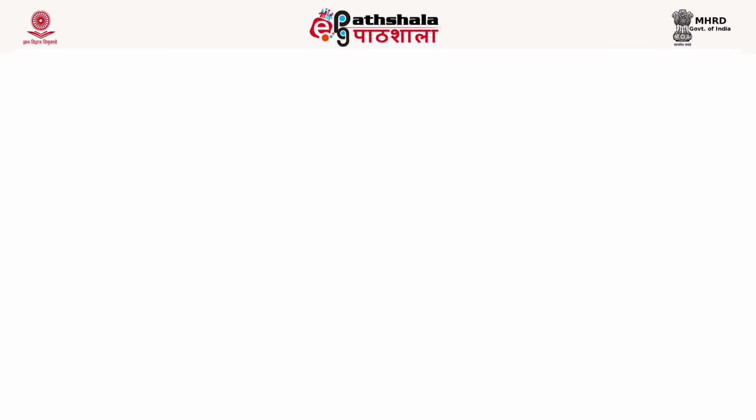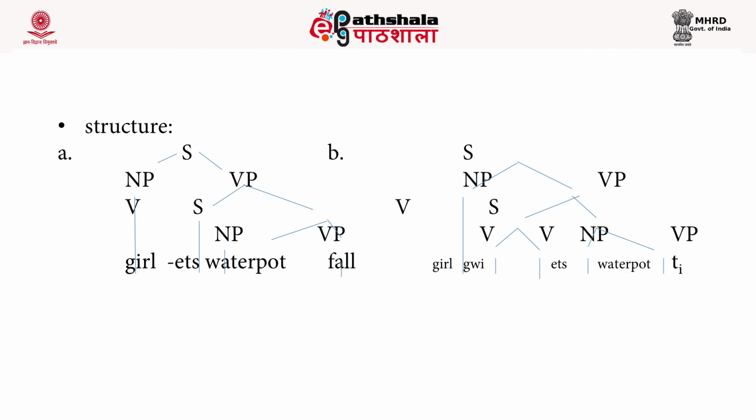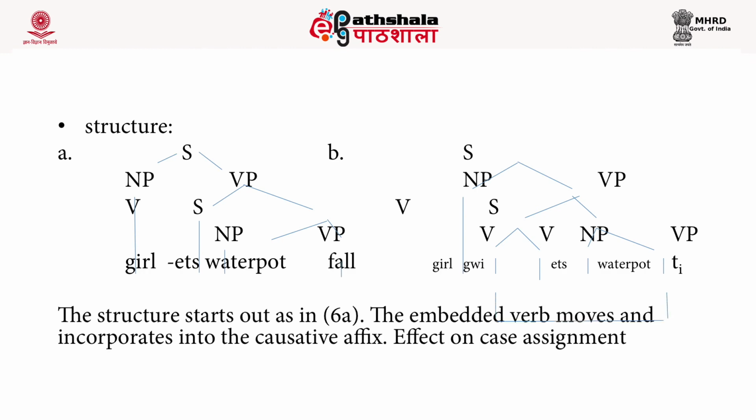If we were to give a structure of these two sentences, then that structure would look like what is on your screen. The sentence A has the verb fall as a VP daughter of S, and we have another V which has the causative morpheme its as the daughter of the higher VP.